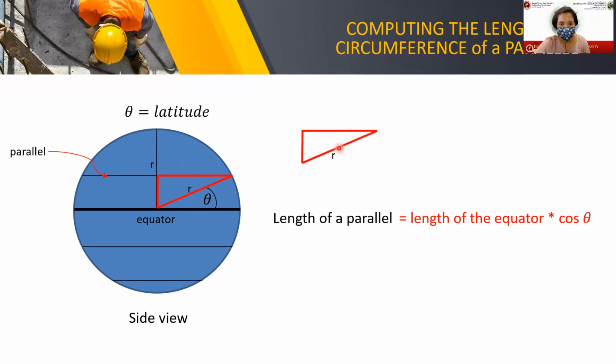And then this is R. And if this is theta, then this is also equivalent to theta. Okay, right? So we are given here R, since sine of your angle is equal to opposite over hypotenuse. Dito ko muna yung computation.